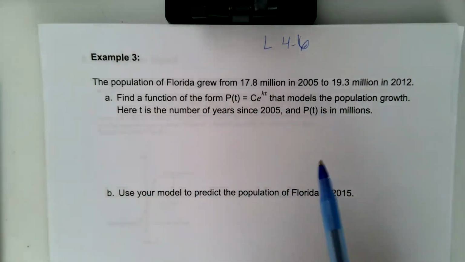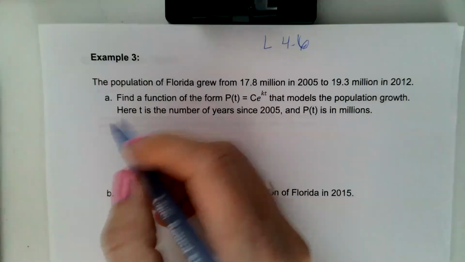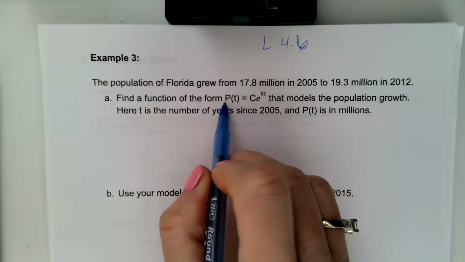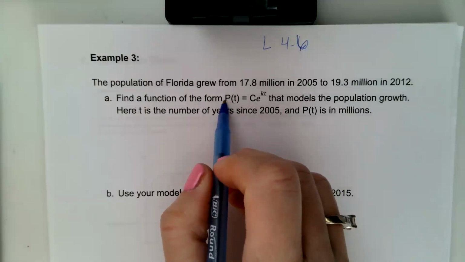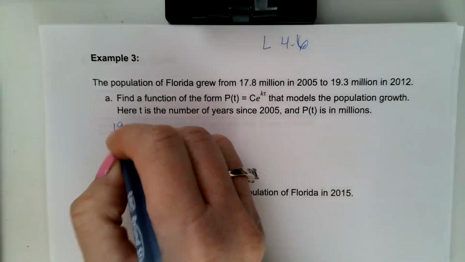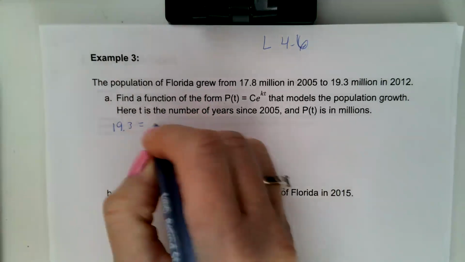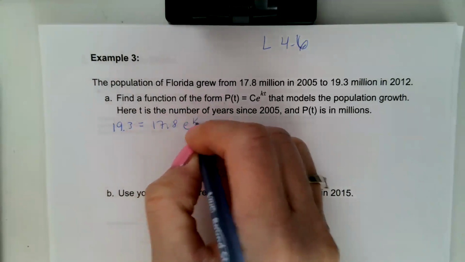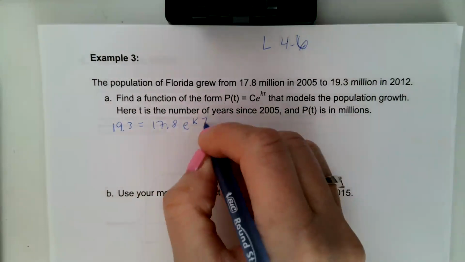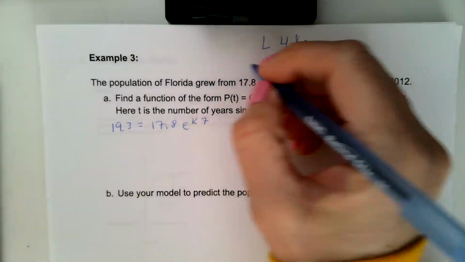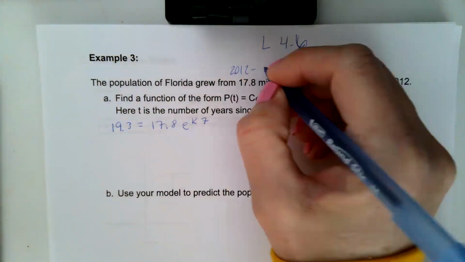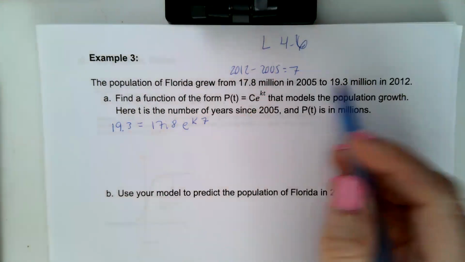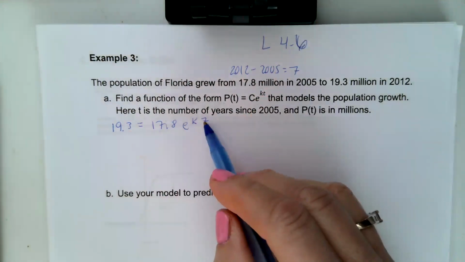Okay, there are two ways we can do this. So I'm going to start with what we've been looking at. We know that the current population is 19.3, and we started at 17.8, and time has been 7 years because 2012 minus 2005 is 7, since 2005 is our base year, so T is 7.